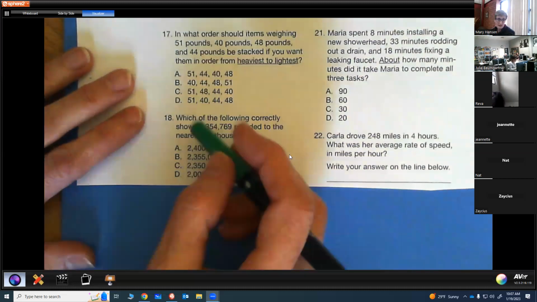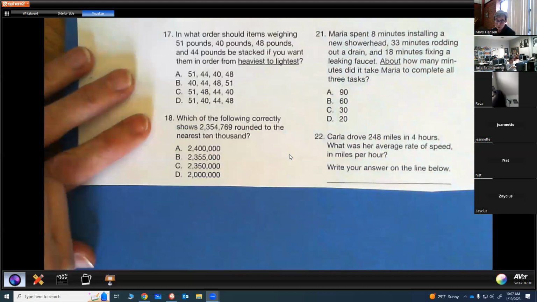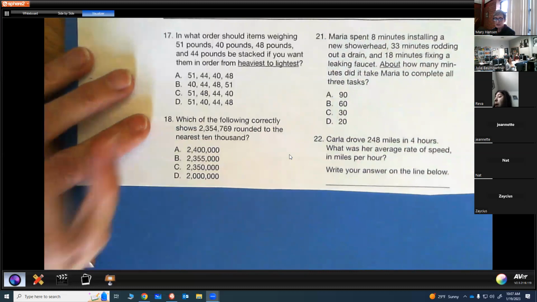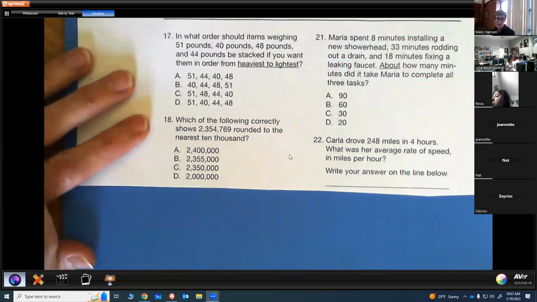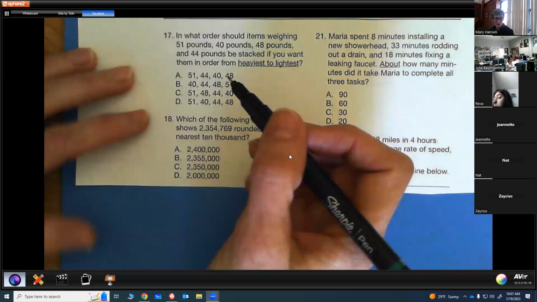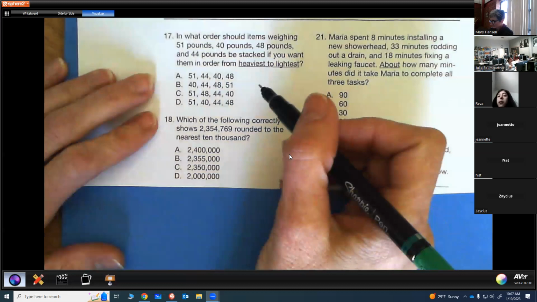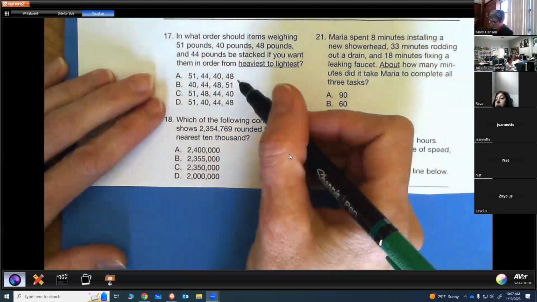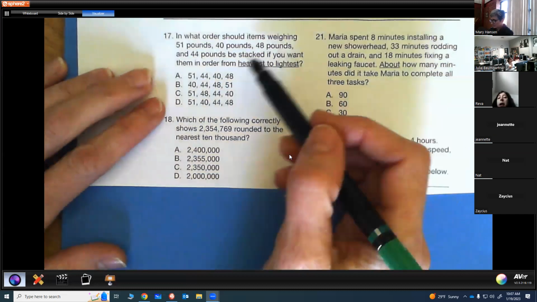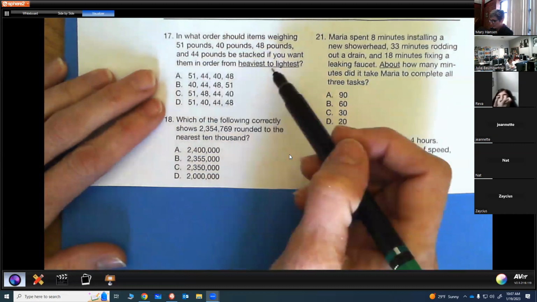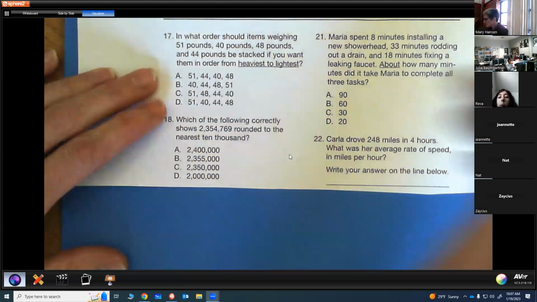Now, these are all positives, which most students do fine on, but we went over how to order when you have a mixture of positives and negatives or all negatives. So we'll take a look at that. But just starting with warming up our muscles, we're going to look at all positives in this problem. So we have items weighing 51, 40, 48, and 44 to be stacked if you want them in order from heaviest to lightest.